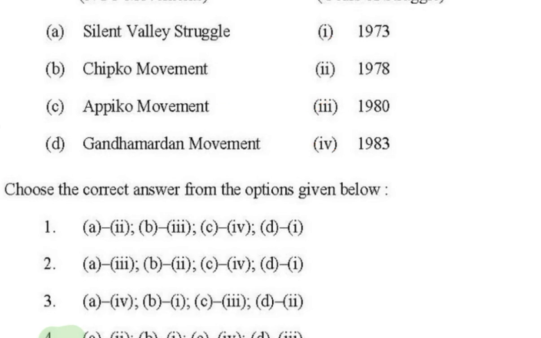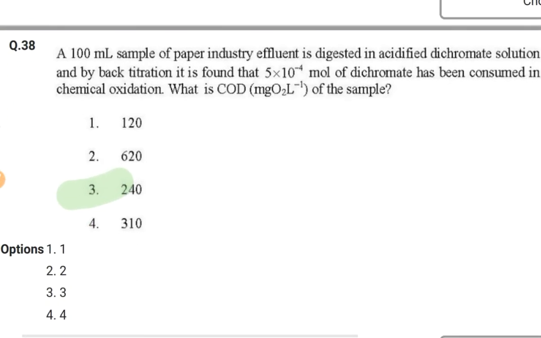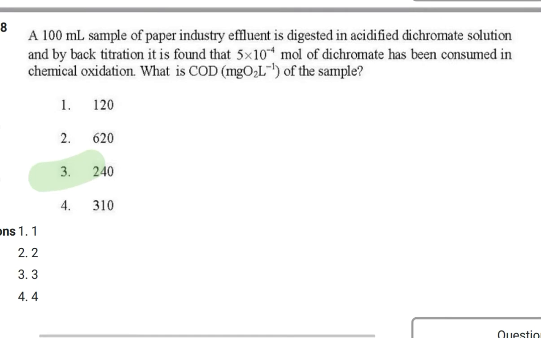Next question. A 100 ml sample of paper industry effluent is digested in acidified dichromate solution, and by back titration it is found that 5 into 10 to the power minus 4 mole of dichromate has been consumed in chemical oxidation. What is the COD in mg O2 per liter of the sample?